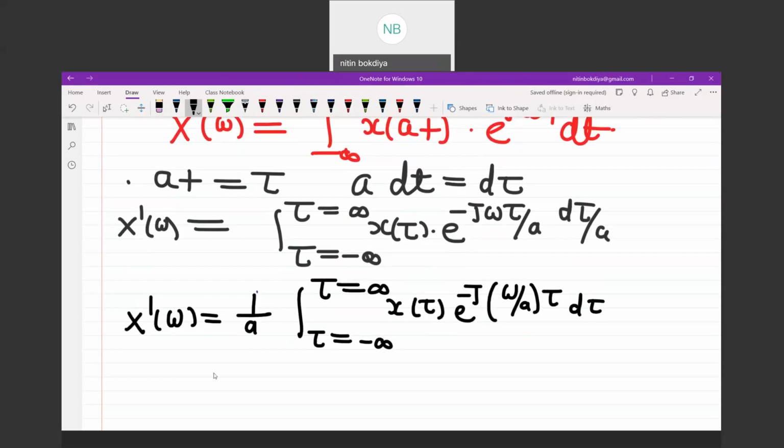And I can say this is nothing but the function of whatever appears between minus j and t. So I can say this is 1 by a, x of omega by a.